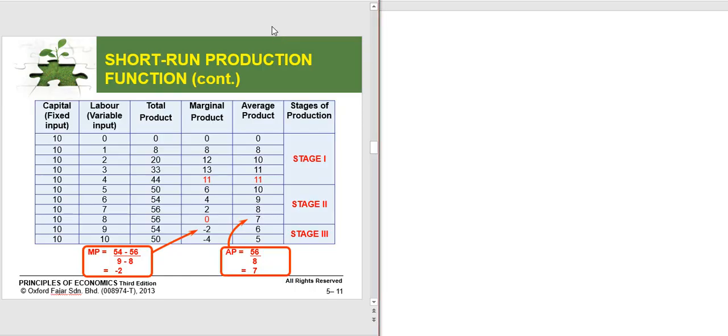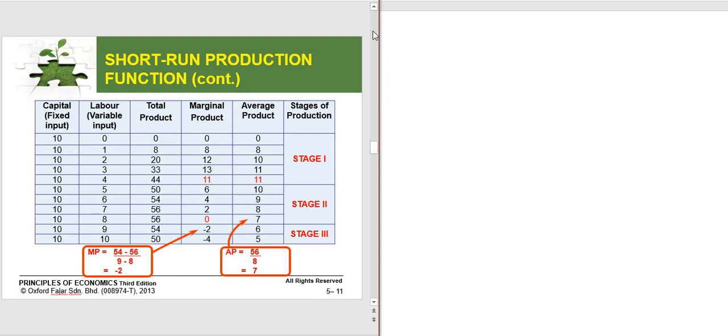Now let's say you are given this schedule of data of a certain production. What you are given here is the number of capital used in the production. Since we are in the short run, the number of capital is fixed, which is 10 units, for example 10 units of machineries used in the production.